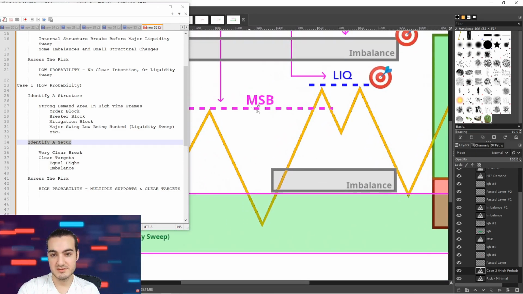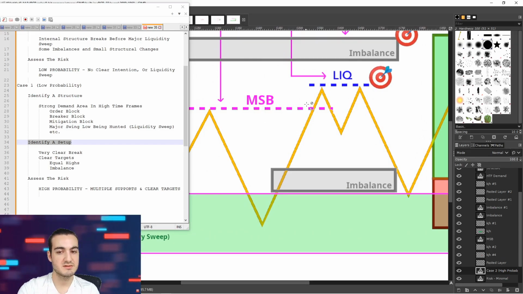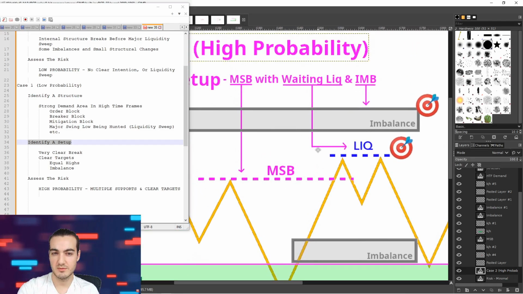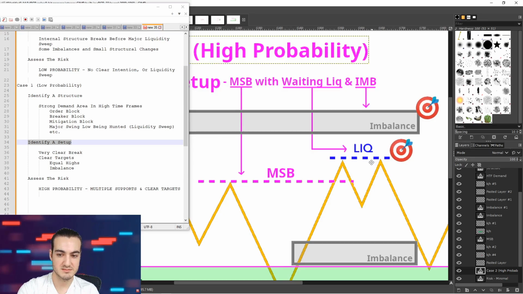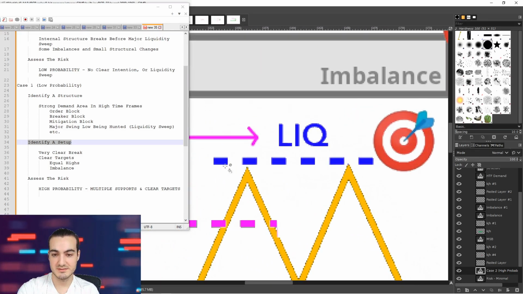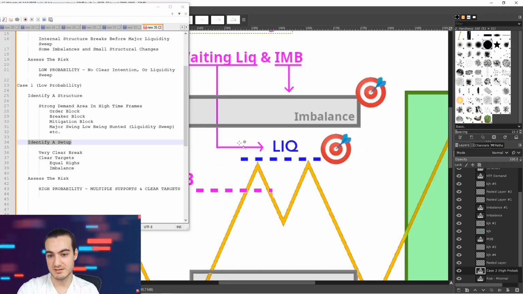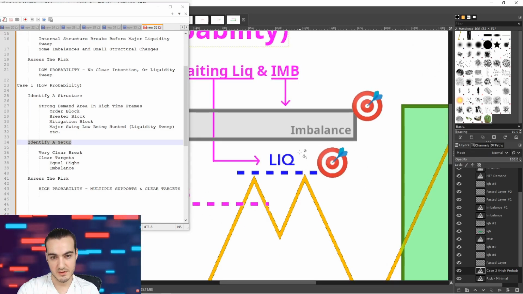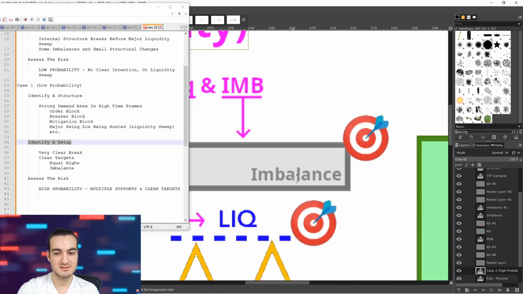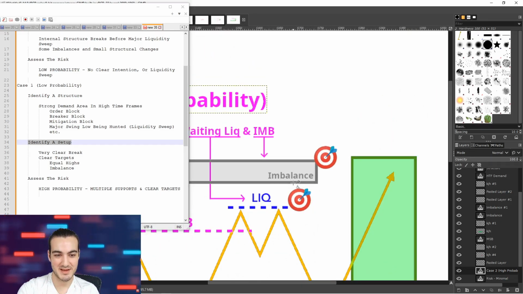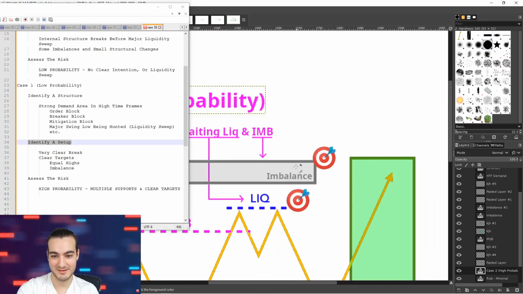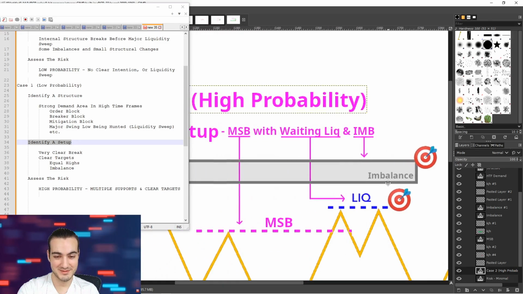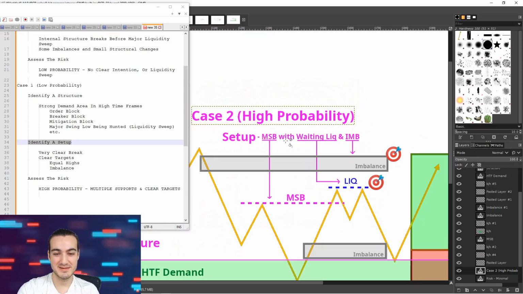So market structure break creates an opportunity. It tells us that something's going on with price that we might be able to use. These equal highs create a liquidity zone that is likely to be hunted. And of course, good old imbalances are always price magnets. I don't have the magnet icon, but I very well could. So that would be the setup.